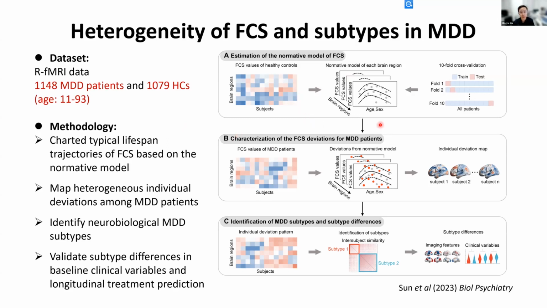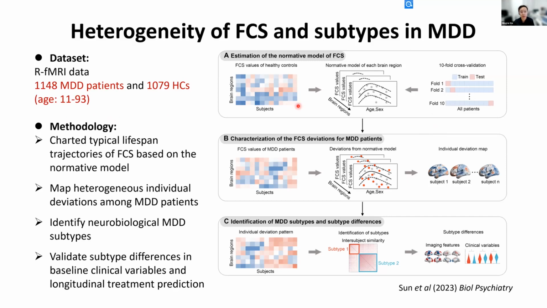Then, for each brain region, we charted a typical developmental trajectory for the functional connectivity strength from 11 to 19.3 years old in healthy controls using Gaussian process regression.